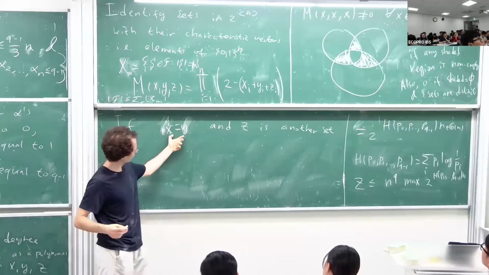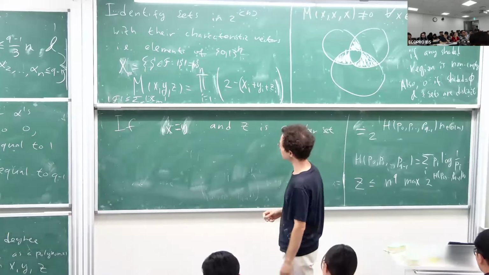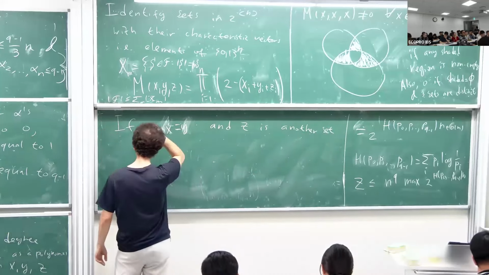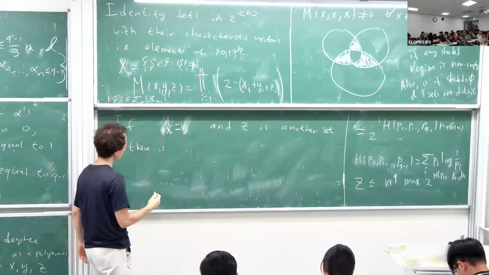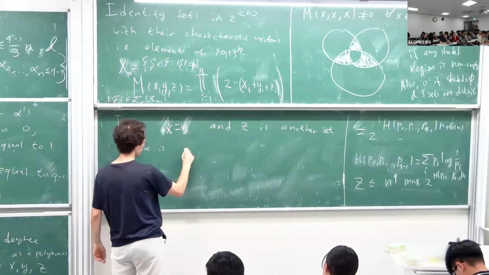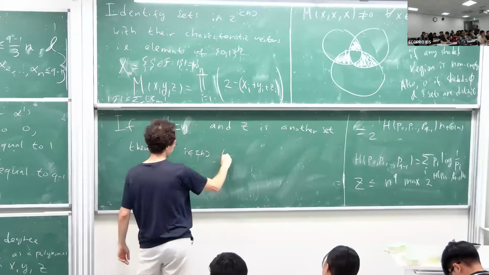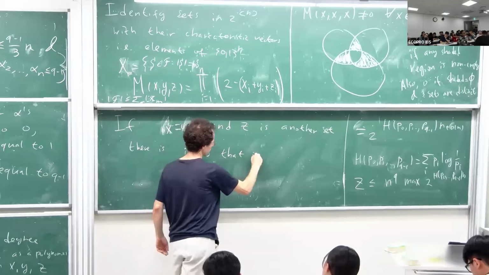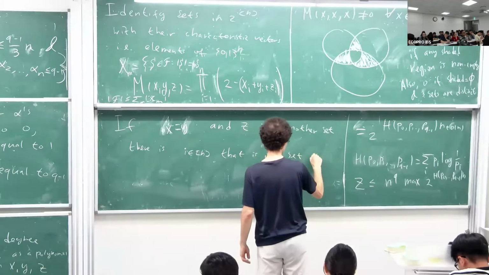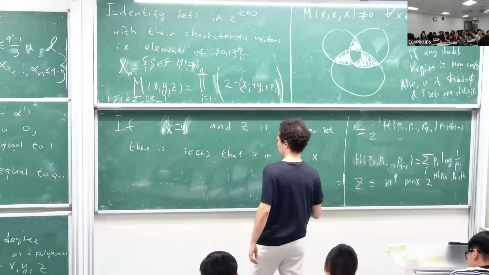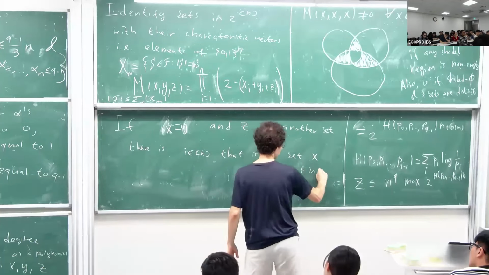So if two of them are the same and the third is different, well, that means there is an element i in n that is in set x but not in the set y.